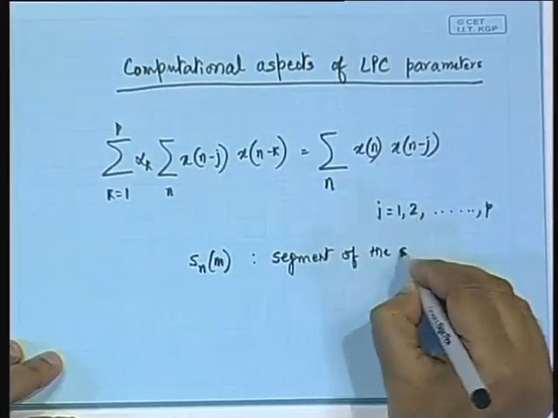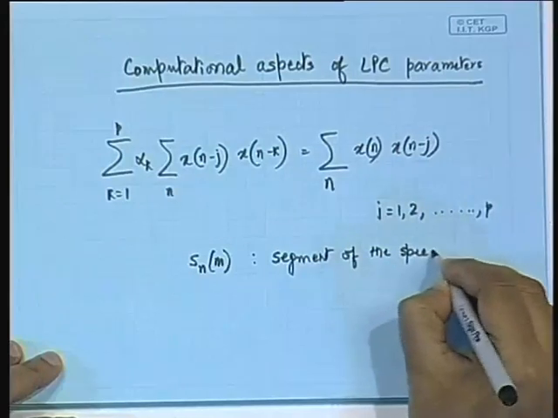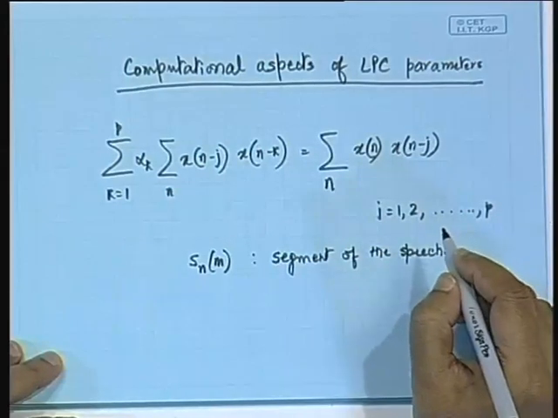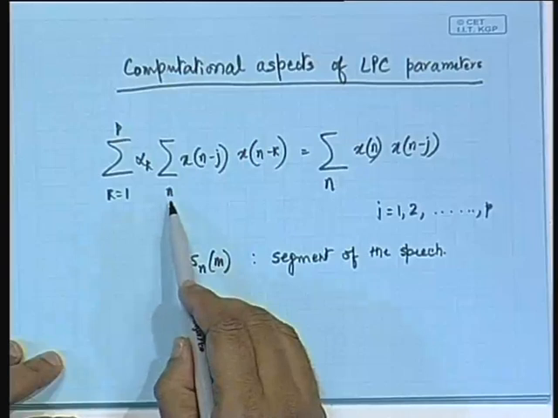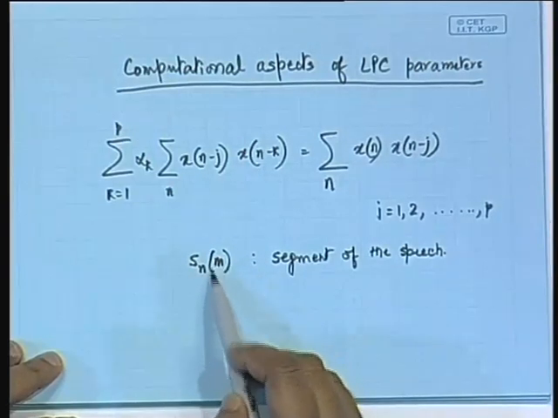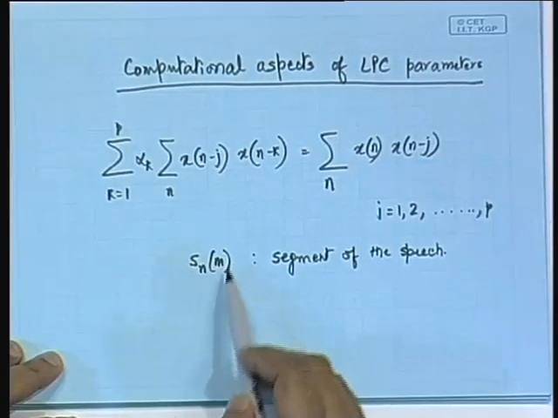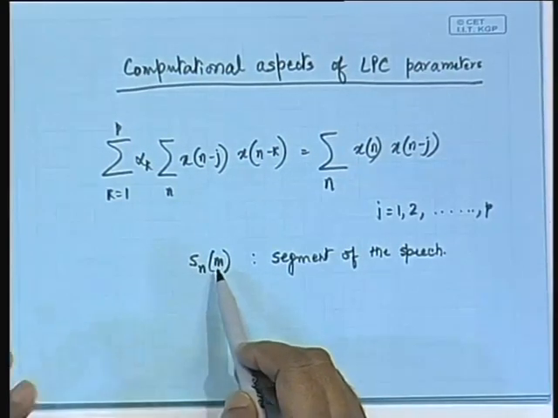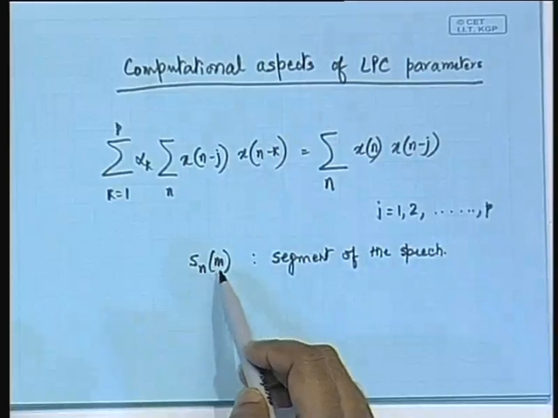So we are going to have some change of notation. Instead of writing n as the index of summation, we should write m, because the n notation we are reserving for defining where the segment starts.